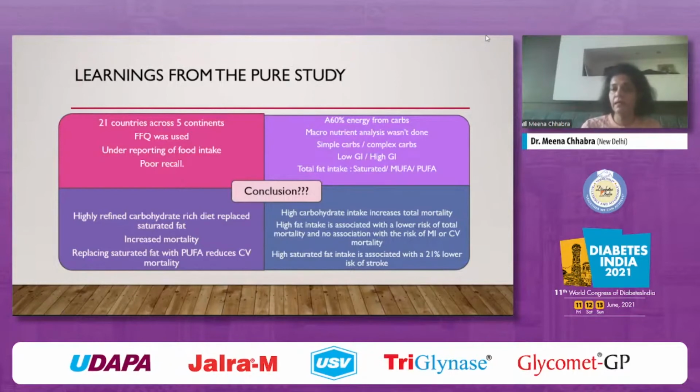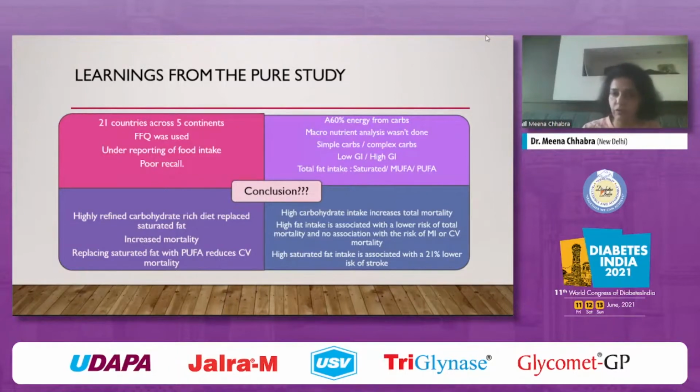Probably in this study, high carb intake increased total mortality. It wasn't the high fat intake. It was found that high fat intake is associated with a lower risk of total mortality and is not associated with the risk of MI or cardiovascular mortality. So the PURE trial was exactly opposite to what we have been taught for so many years.